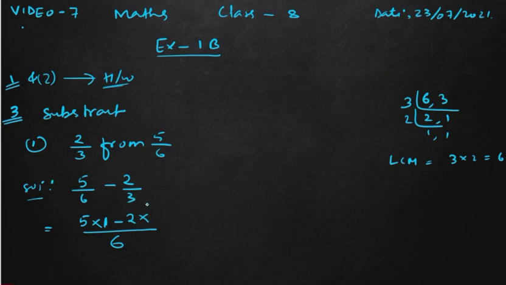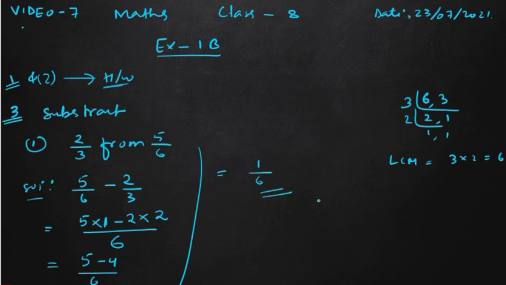What should be multiplied to this 3 so that our answer is the LCM, 6? Obviously 2. So in this way we solve it. This will be 5 minus 4 divided by 6, so our answer will be 1 by 6. This is the solution.